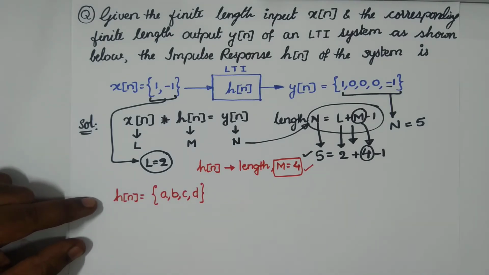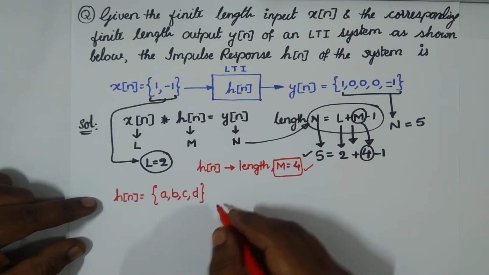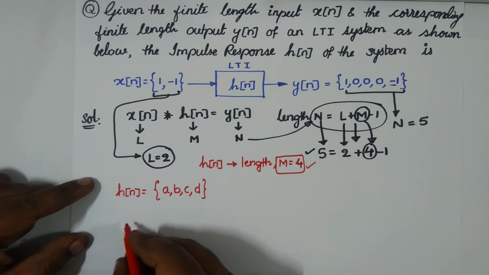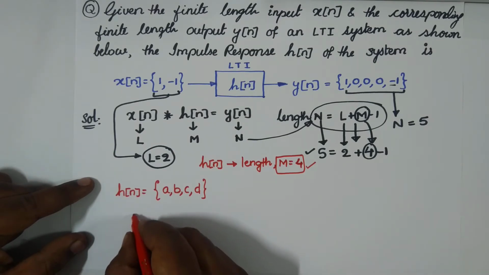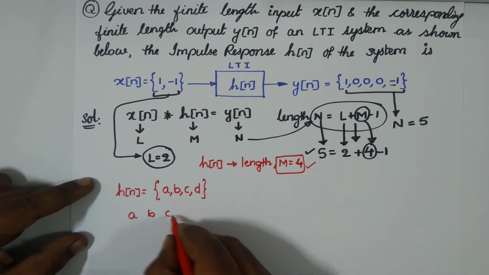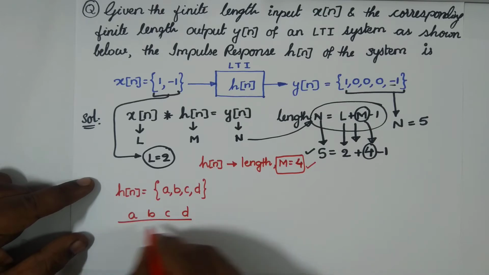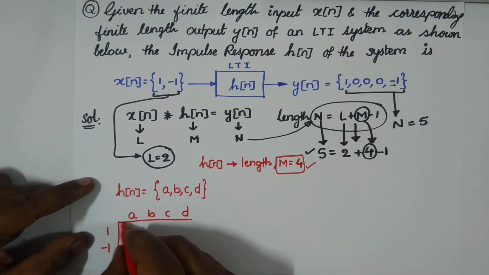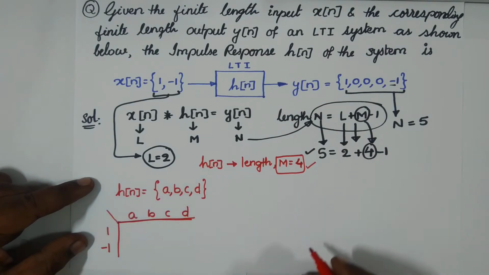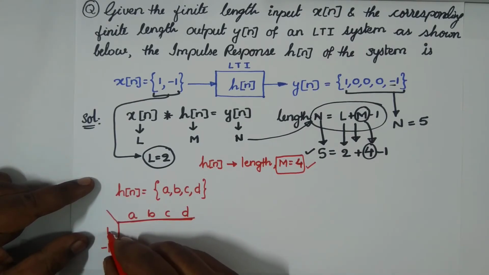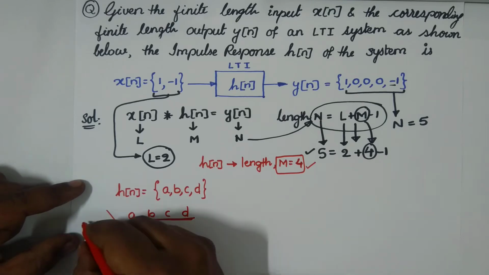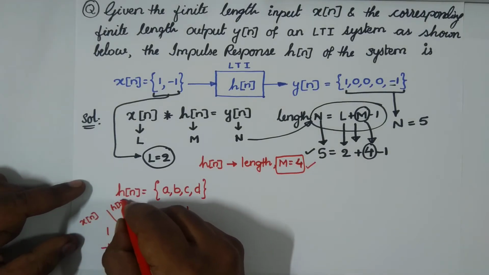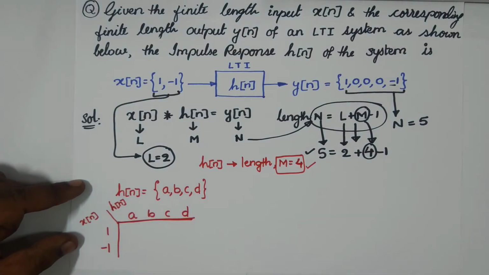So let me use my simple tabular form. Let me take a, b, c, d here. I hope you are familiar with the tabular form. If not, you can check it out here. Now your input sequence x of n is on this side, and the unit sample response h of n is here.